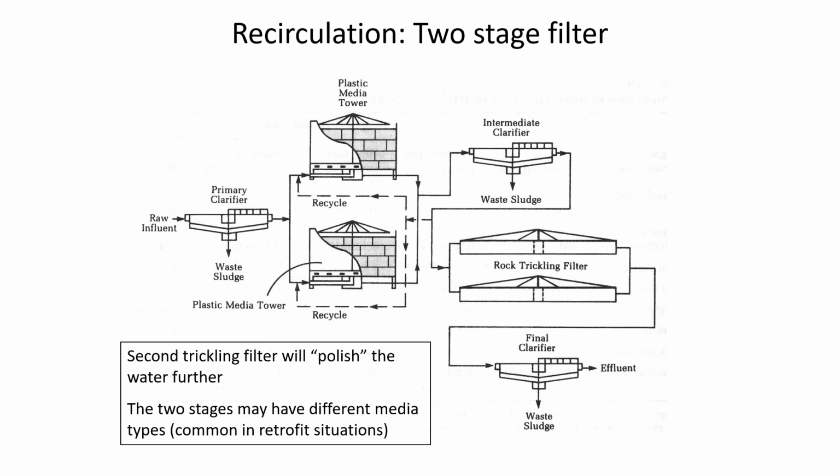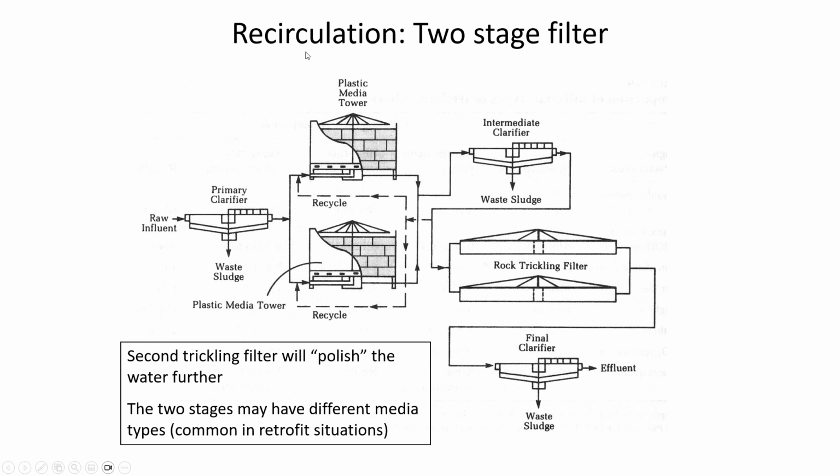And it's common to use trickling filters in sequence; you could have them in parallel and also in series together. What this is showing is that they're having the water coming off of the primary clarifier, and then the stream is split two ways.